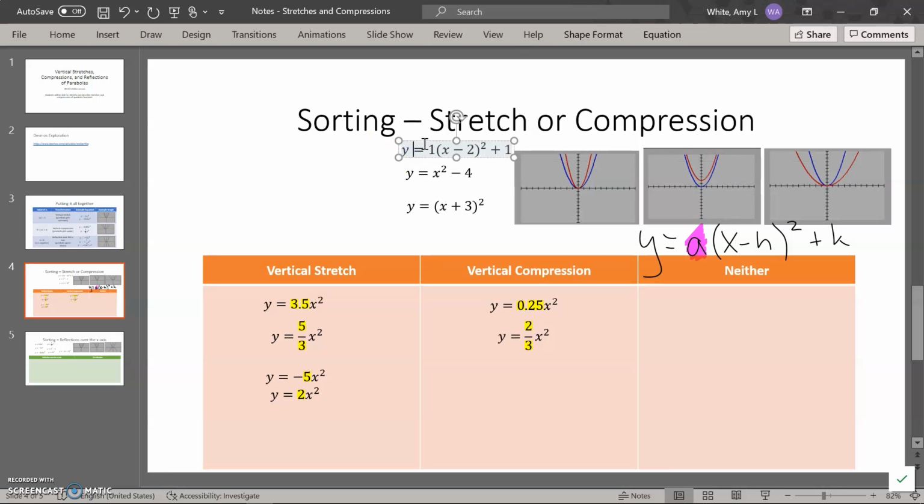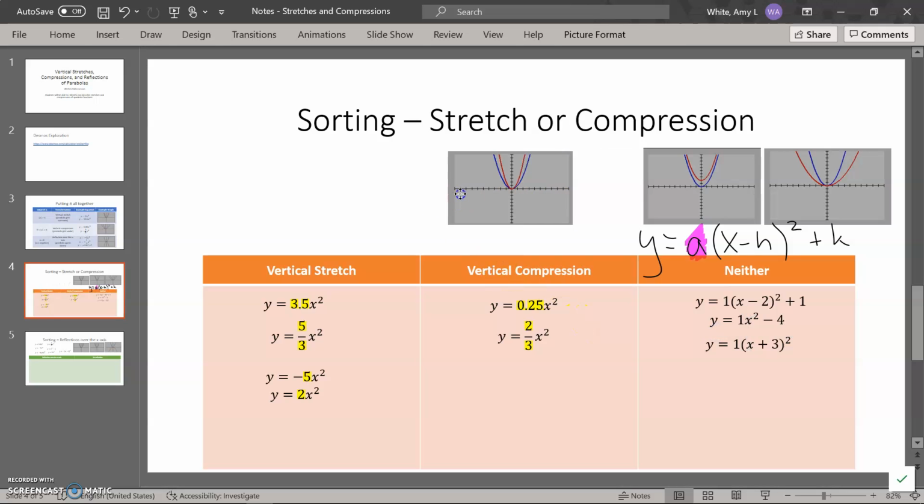So because it's 1, it is neither, there is no stretch or compression. For this one as well, there is no stretch or compression. For this one as well, we don't see a coefficient, so I can put a 1 there. So when there's 1, it is no stretch or compression.